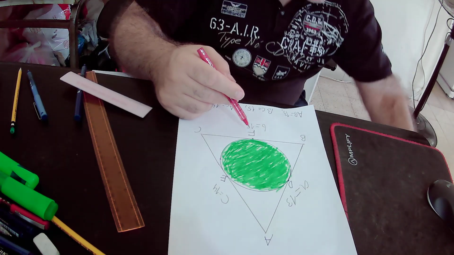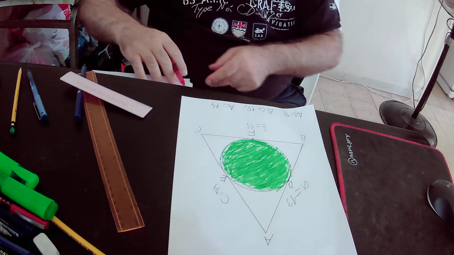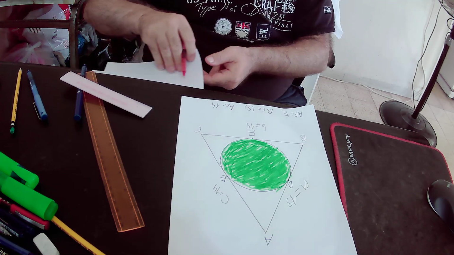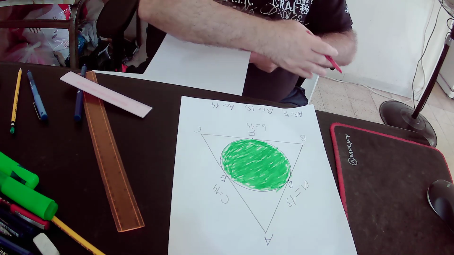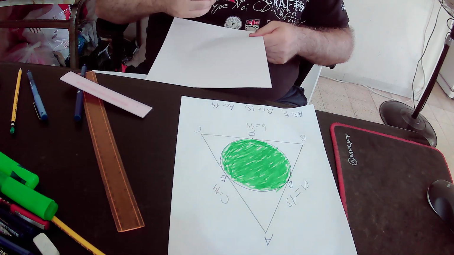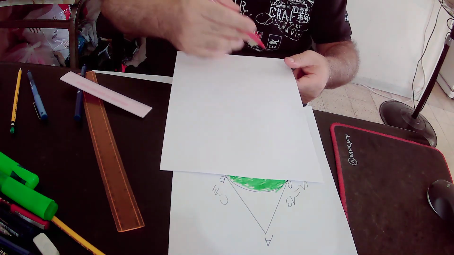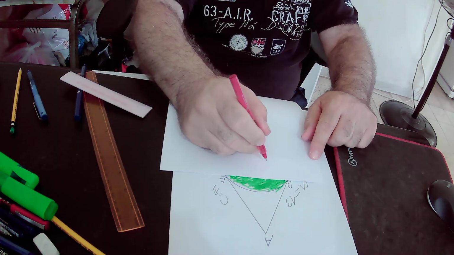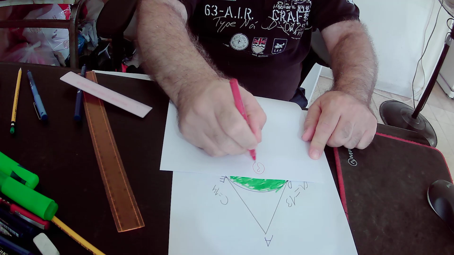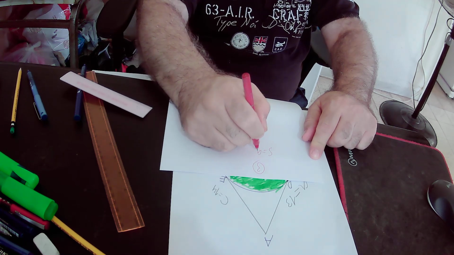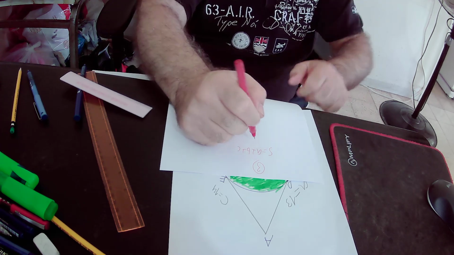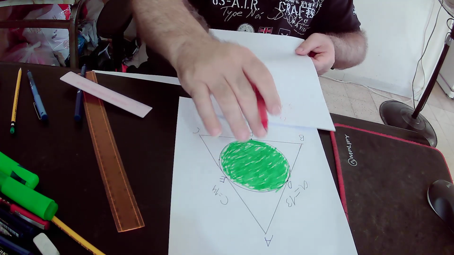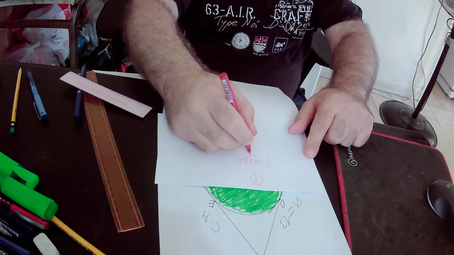So the semi-perimeter of our triangle ABC, according to the formula, S, will be equal to A plus B plus C, that is the sum of its sides, over 2.